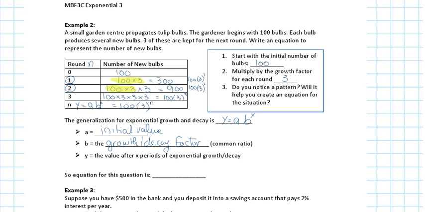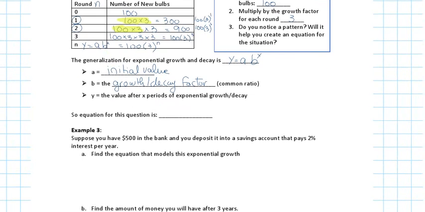So we said that the equation is, for this question above, y equals 100 times 3 to the power of x, or n, or whatever it is.